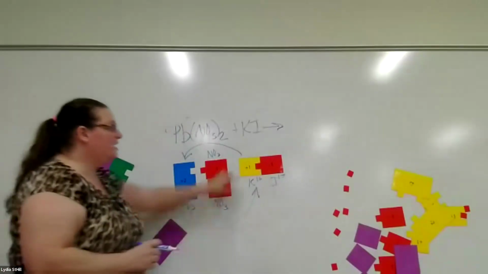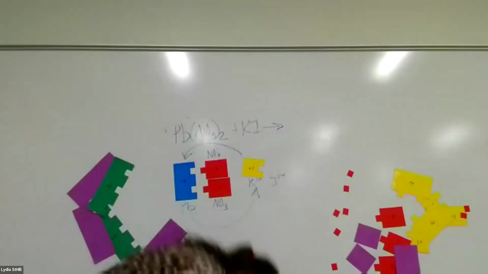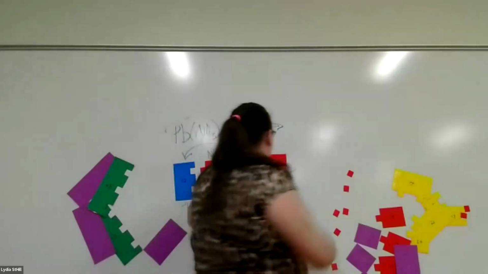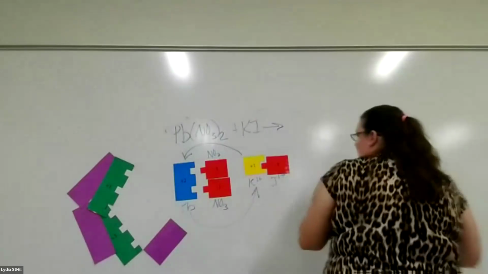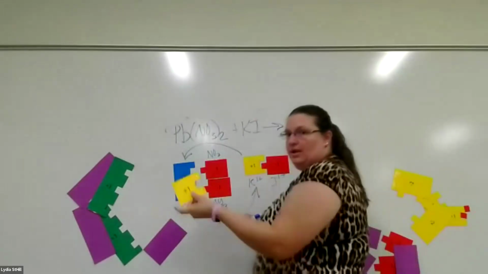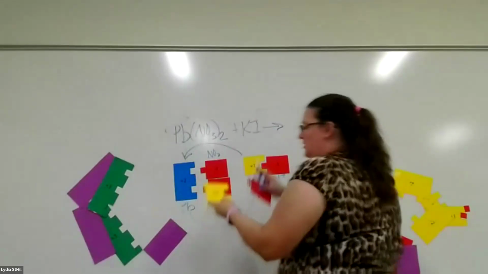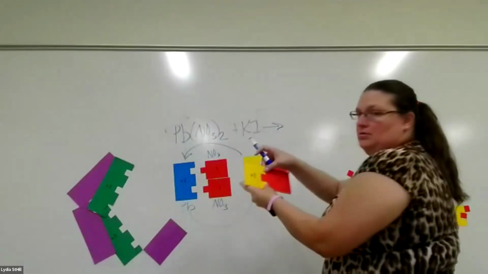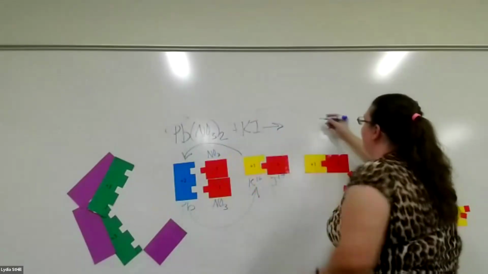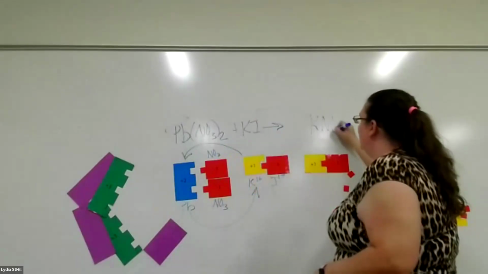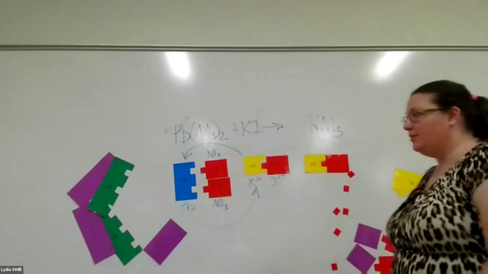So now K is a +1, and we're going to bond it with NO3, which happens to be a -1. So when I put them together, they're going to satisfy each other. So the first thing I want to form is KNO3.